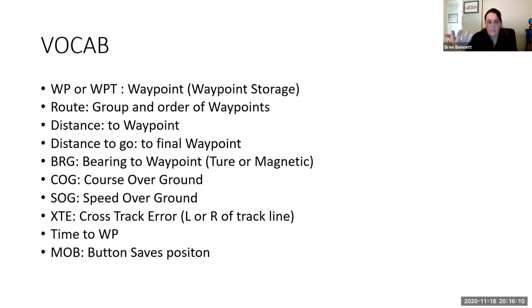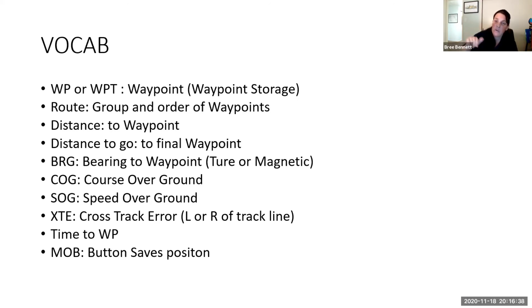I think one of you guys was doing a GPS or GMDSS or radio class next, but they talk about that one click where you can get a task done in just one click of a button. That's what the man overboard button is. It saves the position and puts it on the display with just one click.